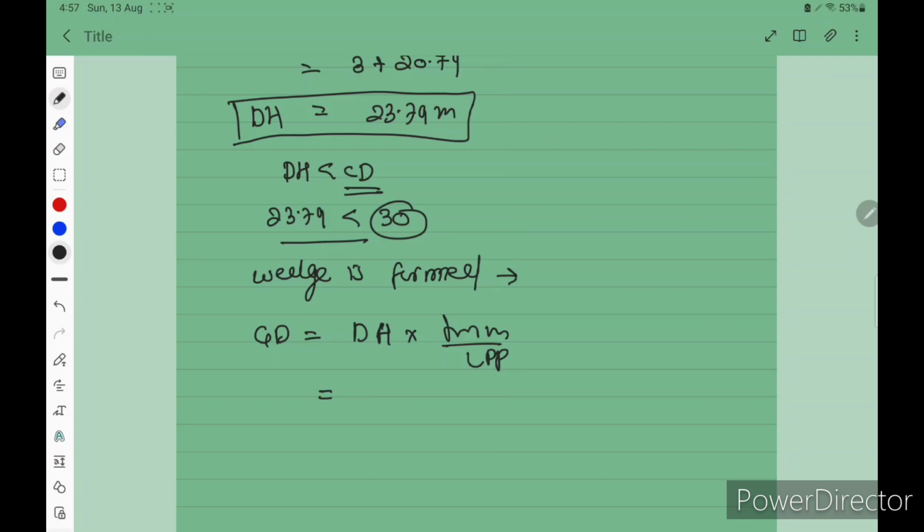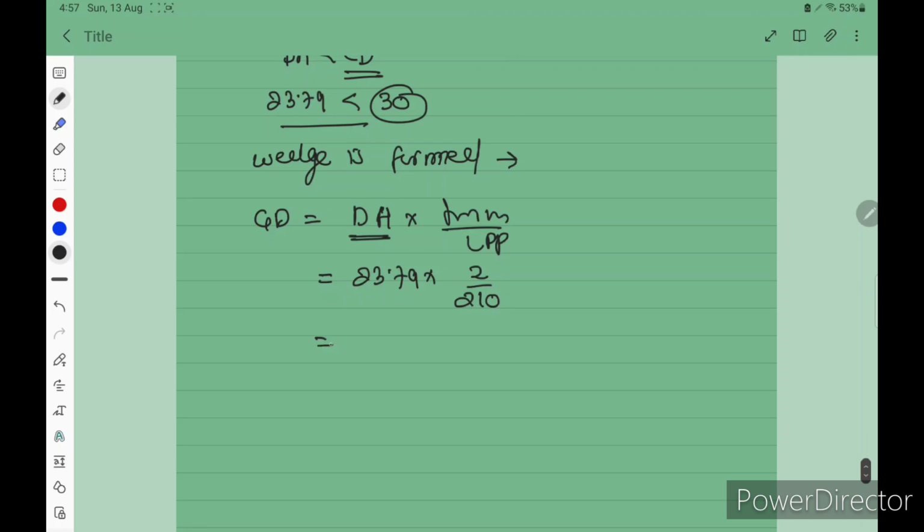DH is 23.79 into trim by LBP, so trim is 2 divided by 210. So we get 0.227 meters.